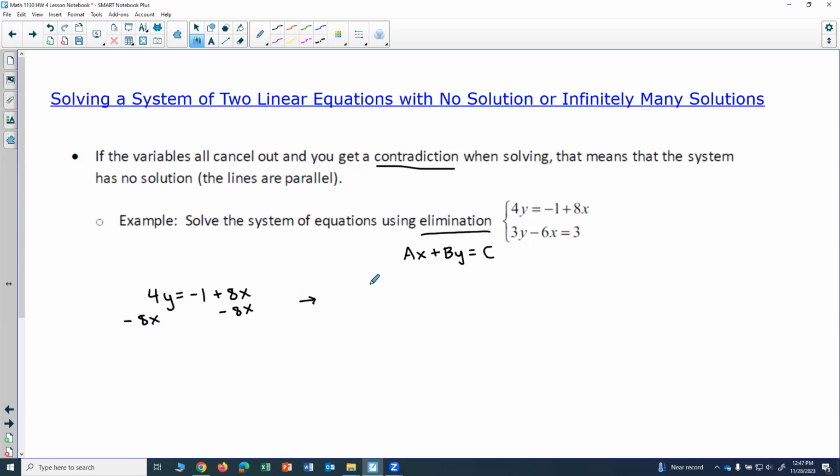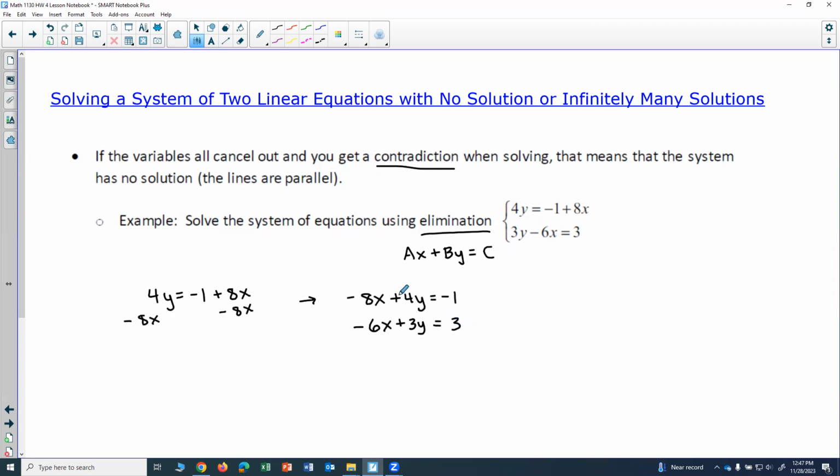So that equation becomes -8x plus 4y equals -1. And my second equation is already basically in that form, but I have to move the x term to be first. So I'll rewrite it as -6x plus 3y equals 3.